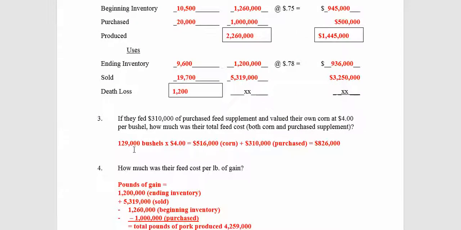We fed 129,000 bushels times $4 a bushel equals $516,000 in corn, plus it says in the problem right here we purchased $310,000 of feed to go with the corn for a grand total feed cost of $826,000.